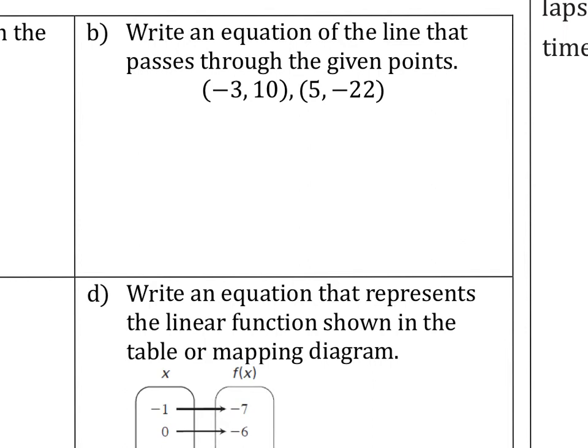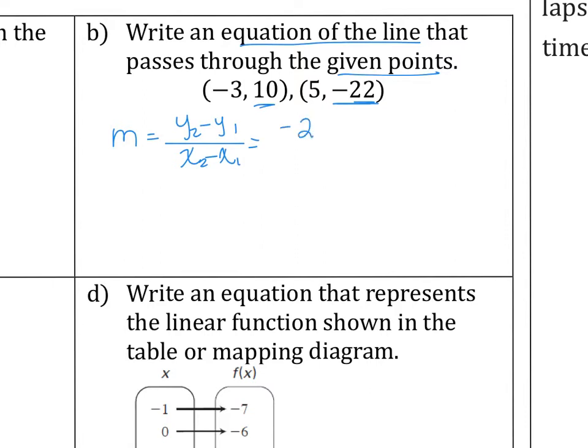And let's look at this one. Write an equation of the line that passes through the given points. So when I'm given 2 points, I need to find the slope. To find the slope, I need to find the change in y over the change in x. So I'm going to take the second point minus the first point for the y values.